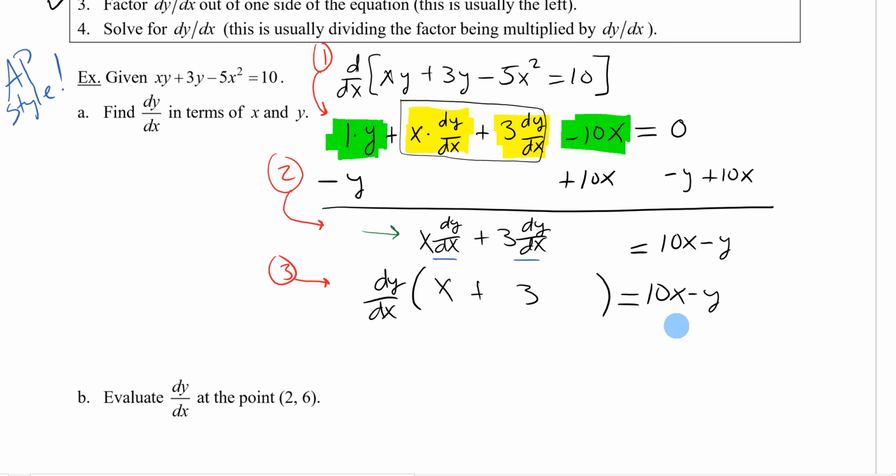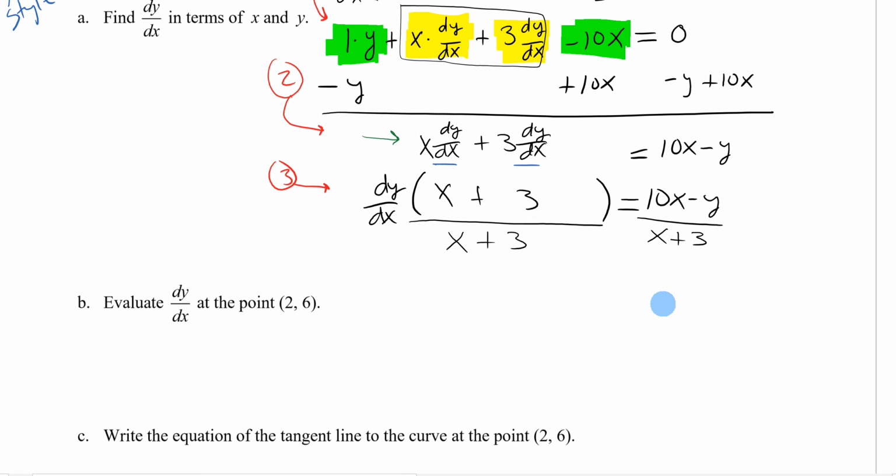Final step, step 4, you solve for dy dx. This is usually by dividing by the factor being multiplied by dy dx. So this is the factor, and this is dy dx, also a factor, but we're solving for dy dx, so that means I need to divide out the x plus 3 on both sides.